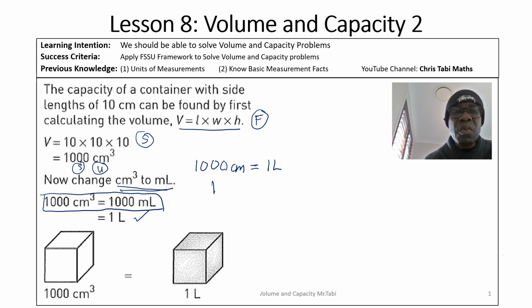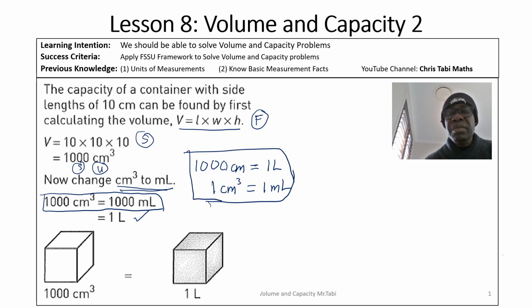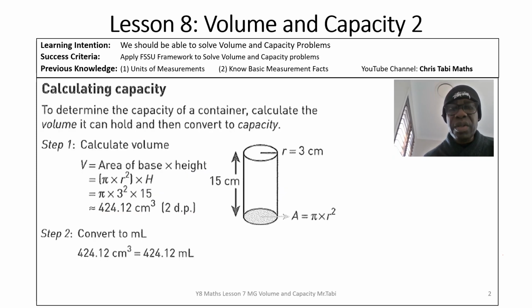So basically 1 cm cube, or 1 cubic centimeter, is equal to 1 milliliter. Right. So keep this in mind, and we'll apply that when we have to solve other problems. We'll return to unit conversions later on in this lesson as well.